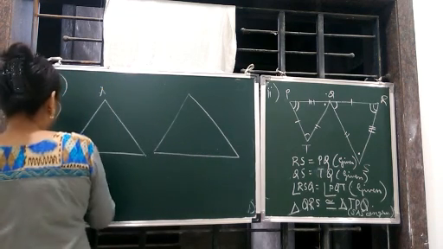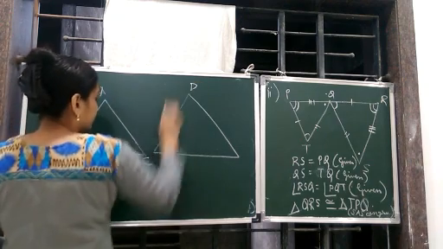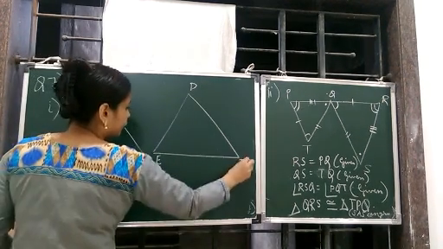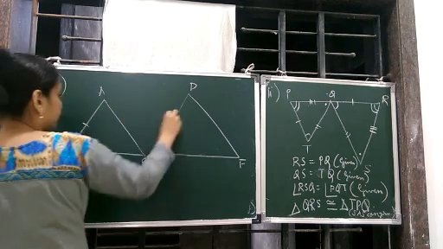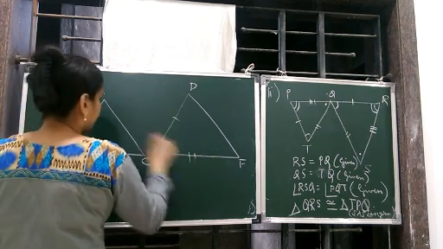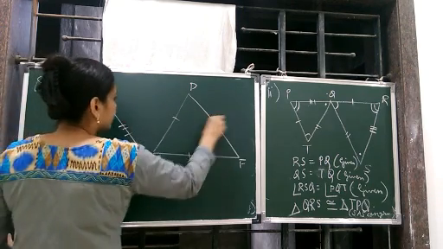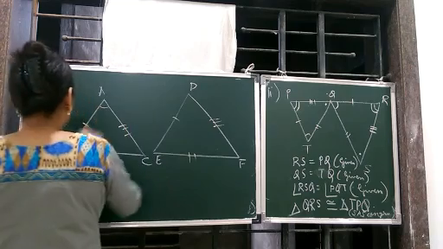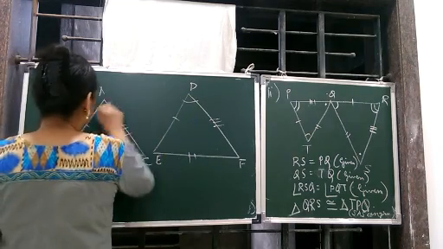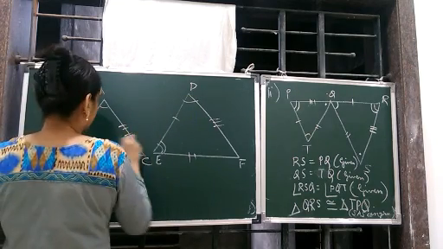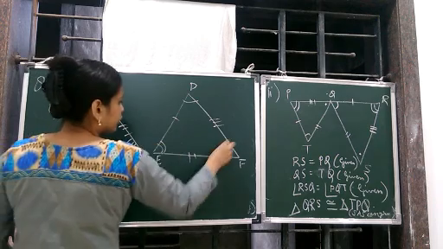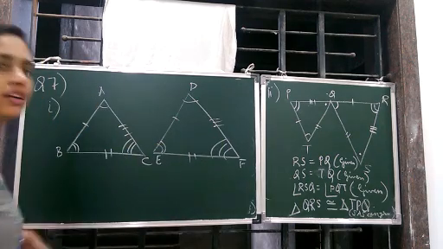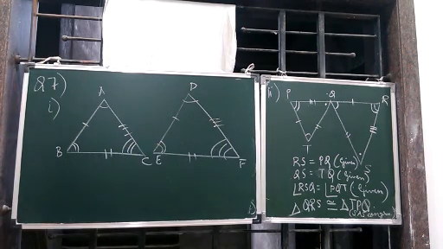So let's draw two triangles, ABC and DEF. Now suppose they are congruent triangles. Sides are equal, corresponding angles are equal.